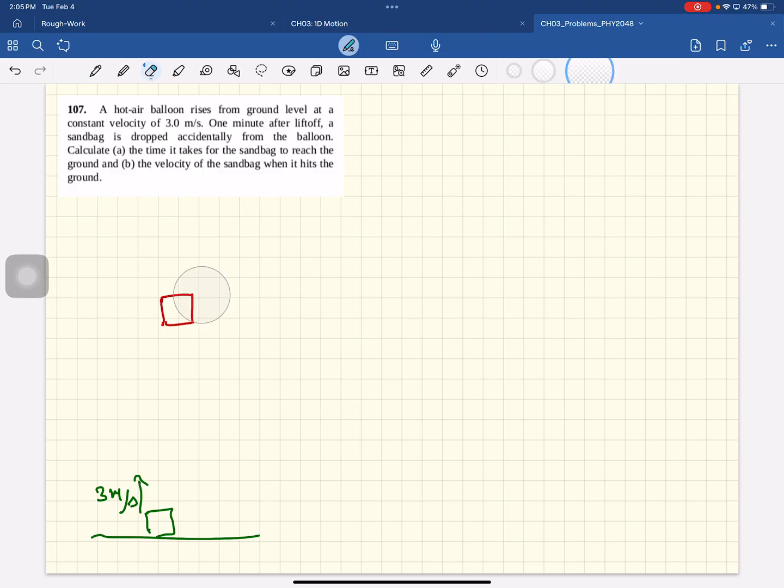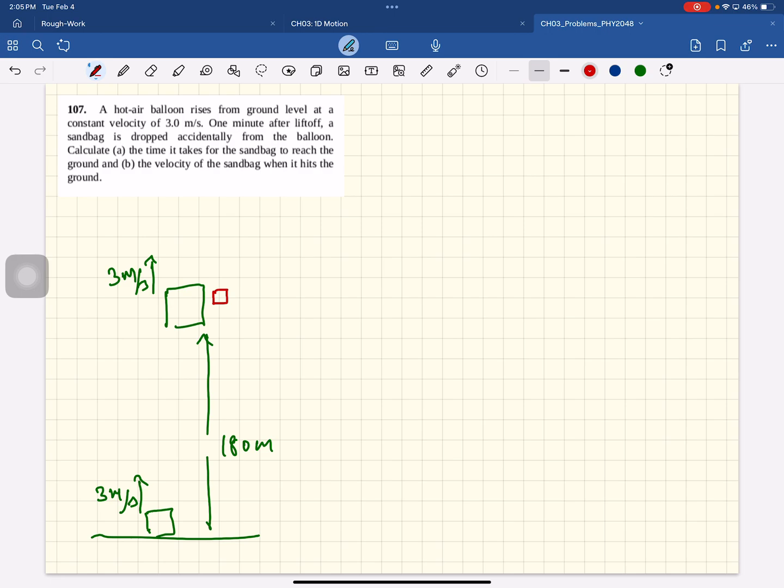So it's still going at 3 meters per second, that's 180 meters. Okay, then you drop a sandbag.